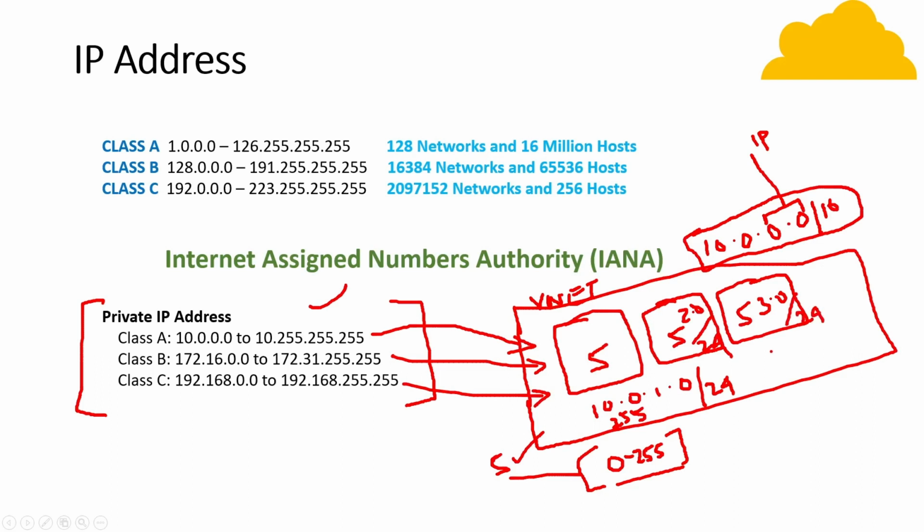So like this, I can go on creating subnets from this virtual network, and the total number of networks I can create, because I have used /16, which is the subnet mask which I can use for class B, is 16,384 networks, and I'll be able to assign these many IP addresses for my virtual machines.